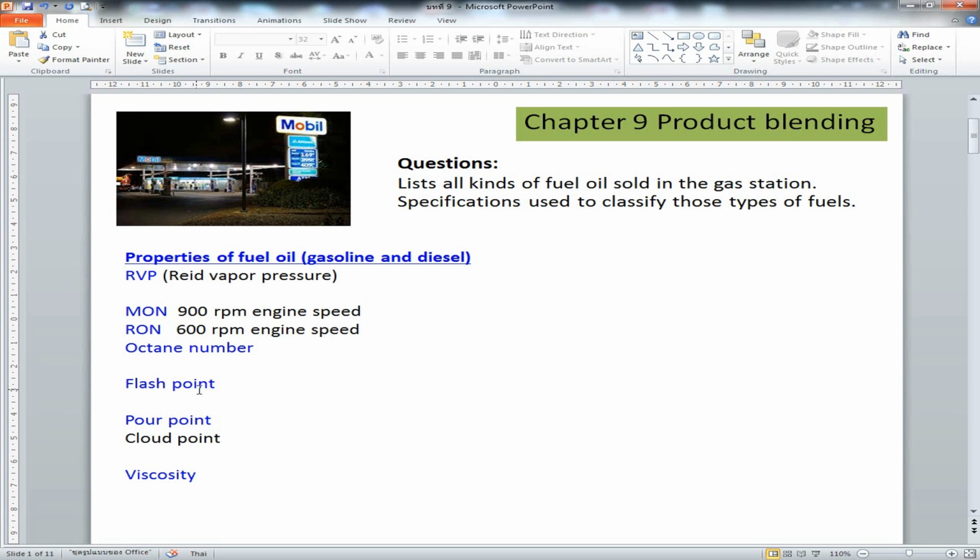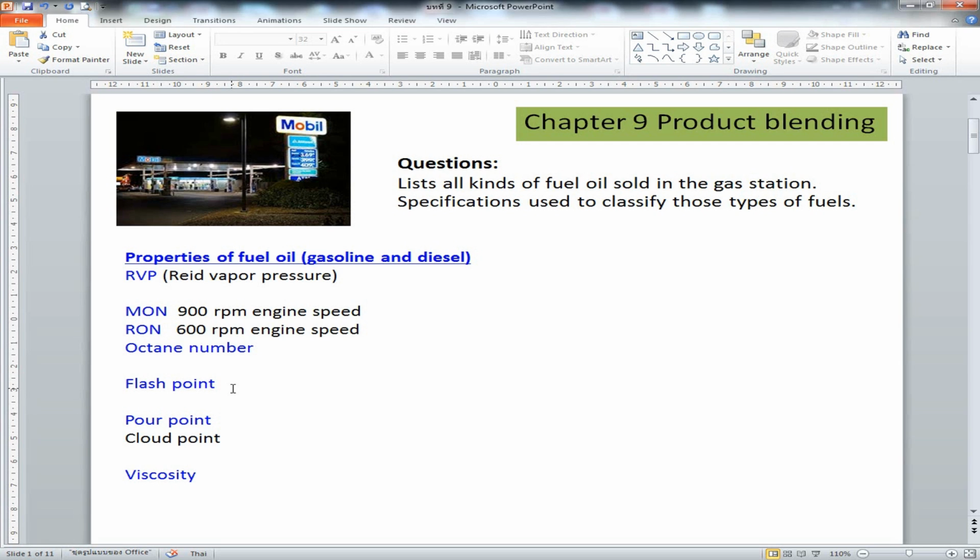How about the flash point? The flash point is the lowest temperature at which it can vaporize to form an ignitable mixture in air. So this number is generally used for how to keep the gasoline safely. And in general, the flash point is around minus 40 degrees Fahrenheit or minus 40 degrees Celsius.